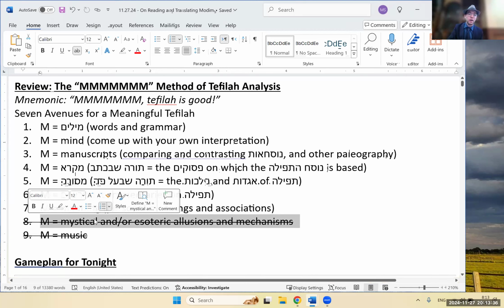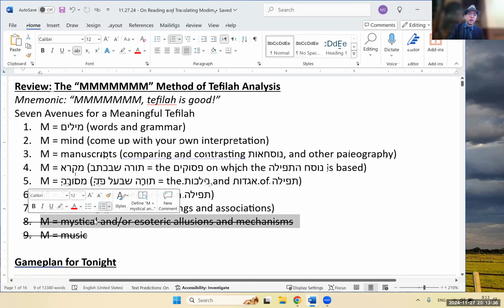Okay, the reason why I cross this out is actually not because I fundamentally disagree with those things, but because, as the Abudarham said early on, the notion that there is a fixed set text with exact numbers of letters is historically, halachically, factually false. There is no, as I saw in your book, there's no Ur-Siddur, the original, and I'm planning to give a shiur on that next time I give my women's shiur. But it's just factually not true.